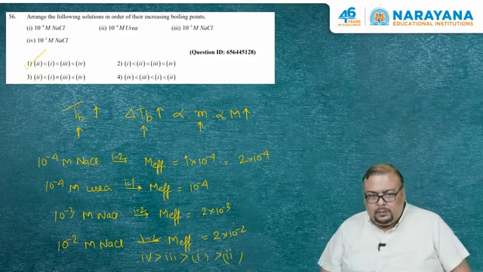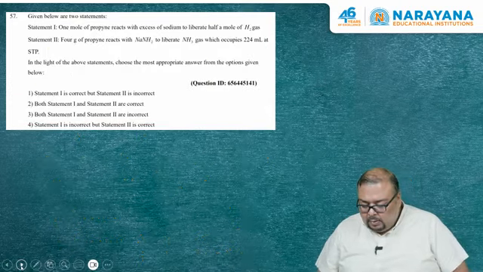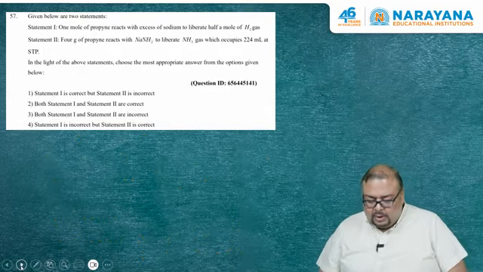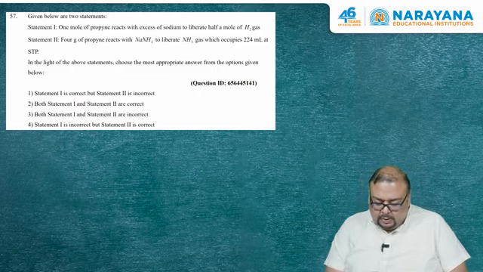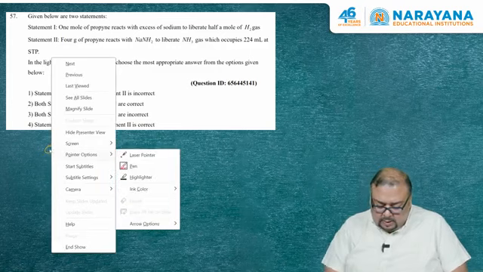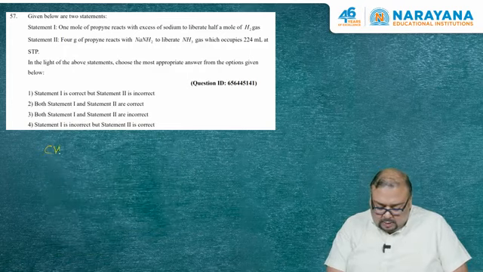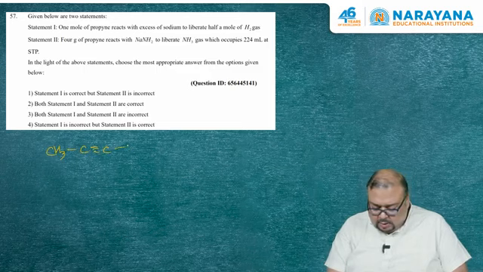Question number 57. Given below are two statements. Statement 1: 1 mole of propyne reacts with excess of sodium to liberate half a mole of hydrogen gas. Propyne is CH3, C triple bond CH.